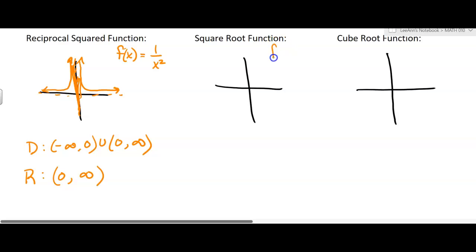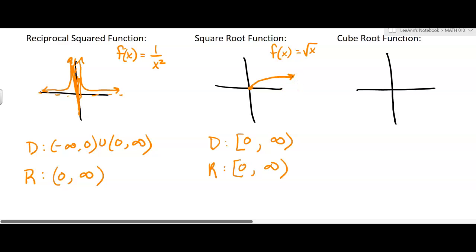The square root function, f of x equals the square root of x. And if you remember, it starts at 0, 0, and it kind of goes off like that. So what's the domain going to be? Well, it's going to include 0, but it's only going in the positive direction to infinity. The range is going to be the same, 0 to infinity. And you might say, well, it's not going up very much as it gets larger.